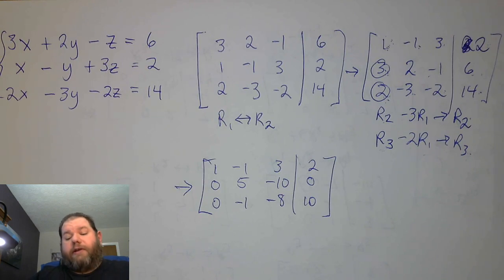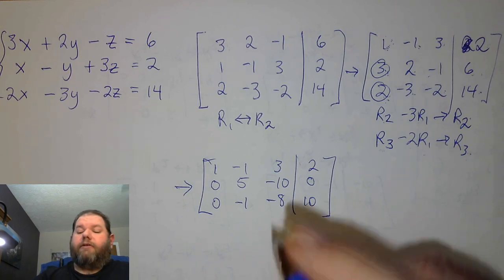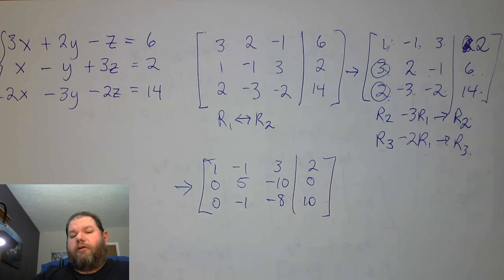So having done that, we now have the first column exactly where we want it to be, 1, 0, 0. Now we work on the second column. Our goal for the second column again is we want 0, 1, 0. But we always want to get our 1 first before we try to get our zeros after that.